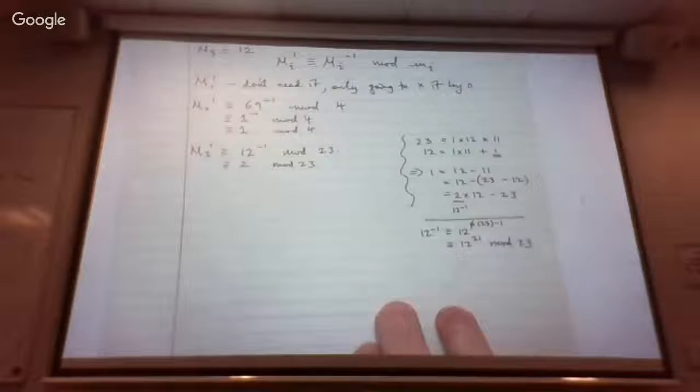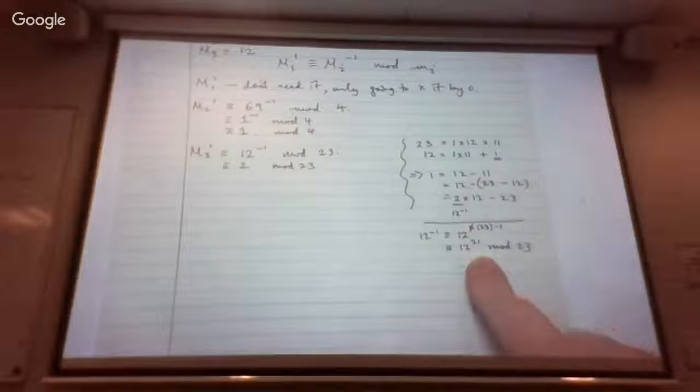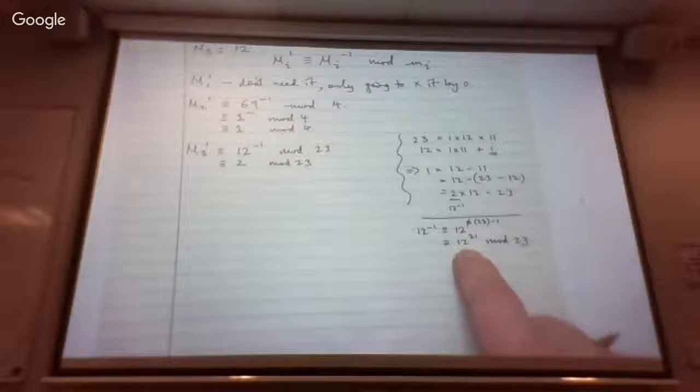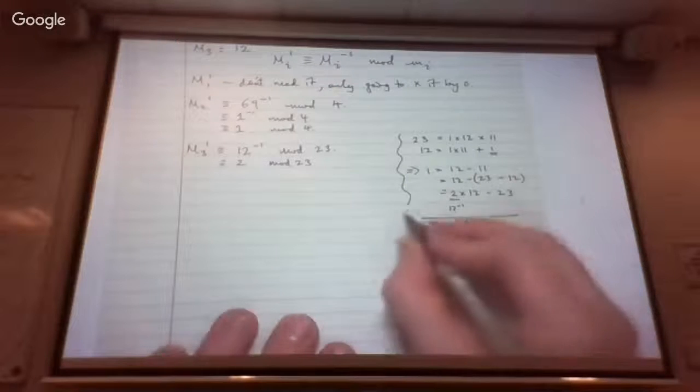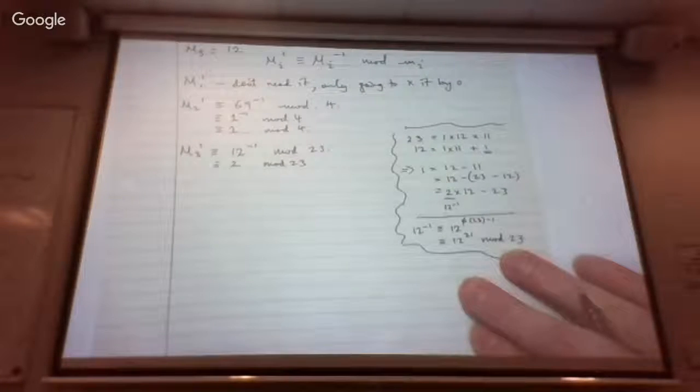That's not really any easier. It's more awkward to evaluate, but it is sometimes good to have this understanding about the inverse, as it shows the inverse as a certain power of the number itself. So that was a good interlude on that.